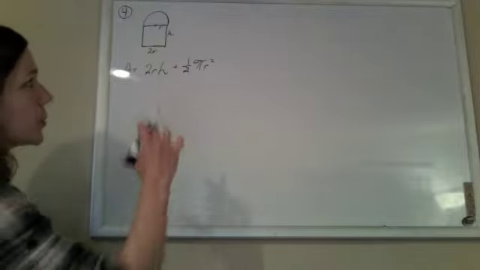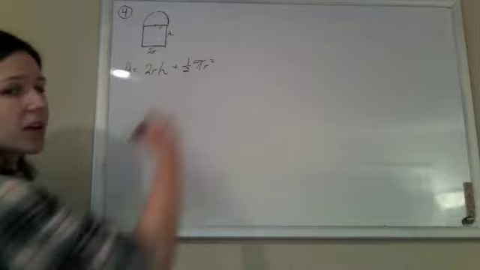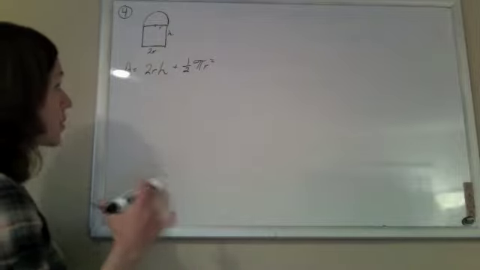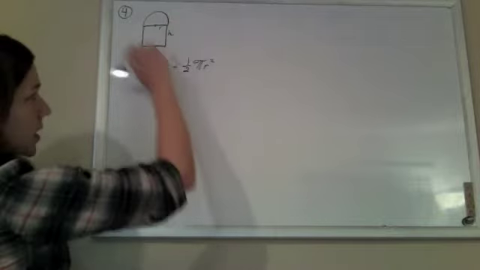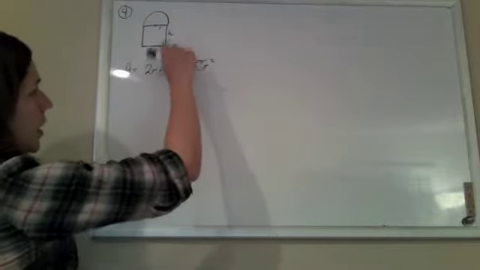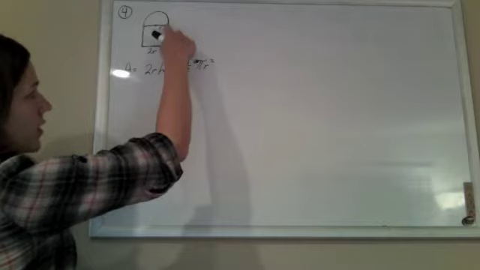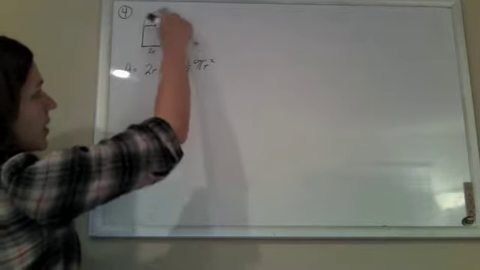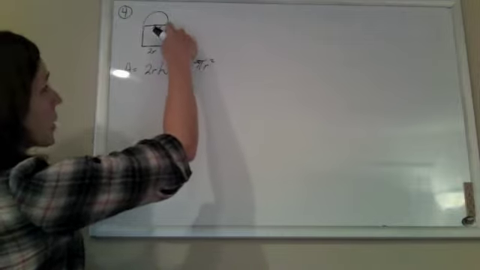So fortunately we know something about our perimeter. It just equals p, which is just not too exciting, but it's a constant, so we'll work with it. So if I talk about the perimeter of this, if I start here and walk around, I have h plus 2r plus another h plus half the circumference of a circle.